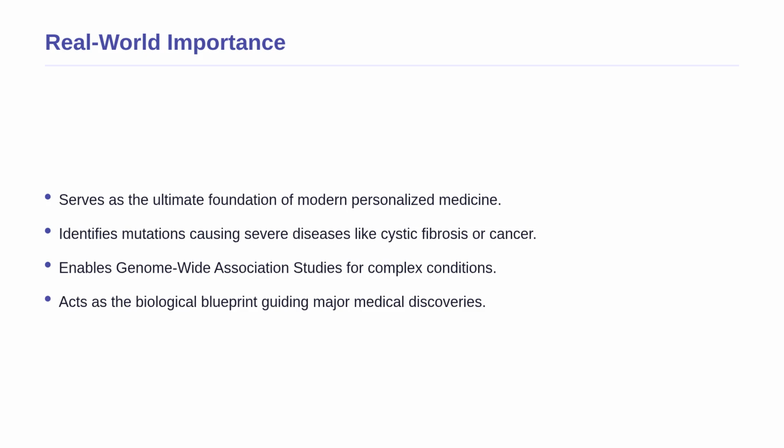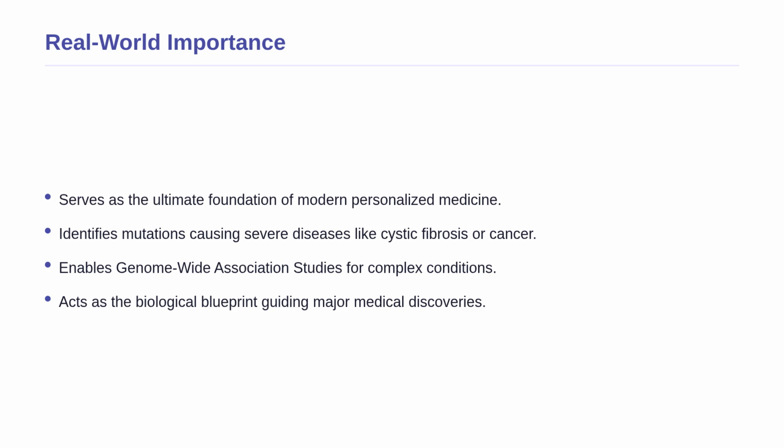Understanding how we sequence the genome is fascinating, but why does it matter so much? The human genome is the ultimate foundation of modern personalized medicine. By knowing the standard sequence of human DNA, we can easily identify tiny mutations that cause severe genetic diseases, like cystic fibrosis or cancer.